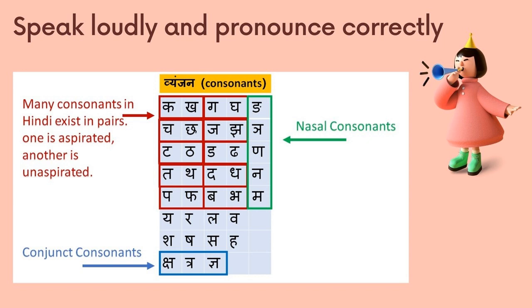These are nasal consonants. It means when you pronounce these Vyanjan or consonants, the air passes through your nose. The third part is shown in blue color, which is conjunct consonants, which are the result of combining two consonants. We will learn all this in detail in coming lessons.